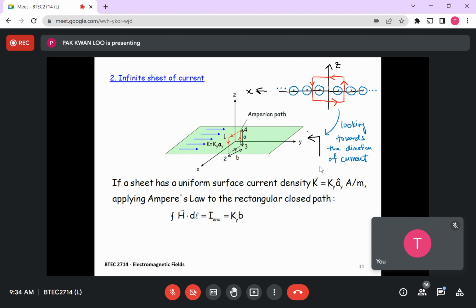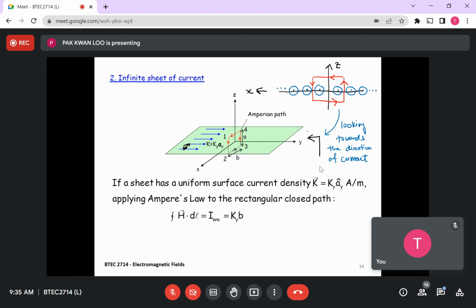The one that I've drawn here represents your view. I put the circle with a dot to represent the current direction. Of course, they are not isolated like this, it's just a representation. This line is not isolated from each other, it is basically continuous. Do not imagine there's one line current here and another line current here.